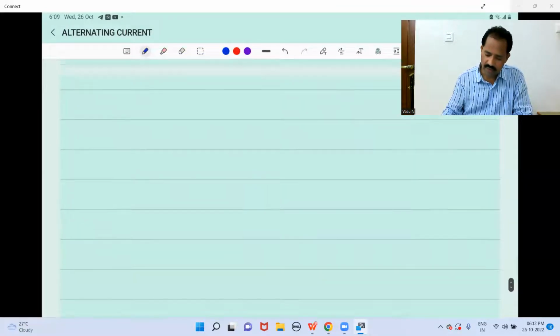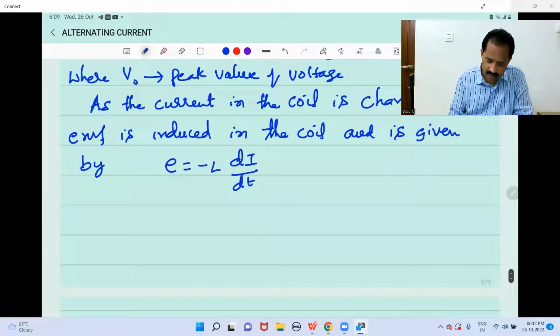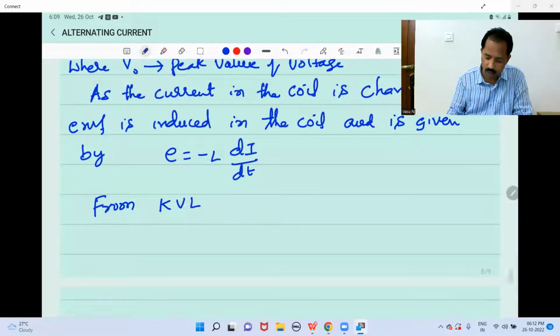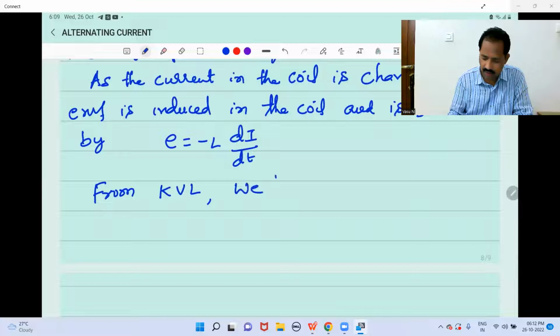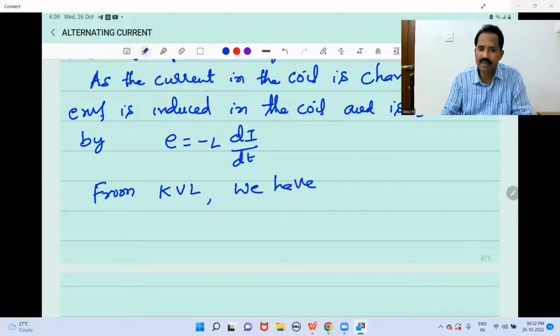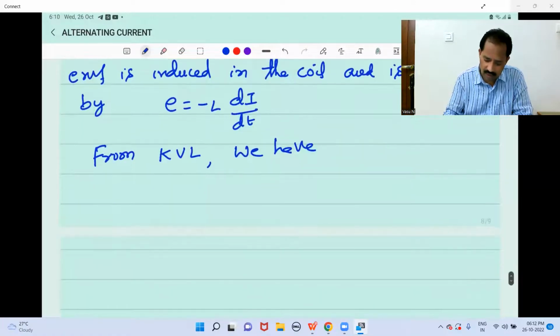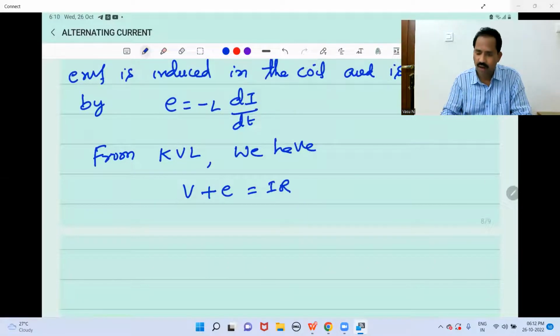Now let us apply KVL. From Kirchhoff's voltage law, or loop rule, the algebraic sum of EMFs is equal to the algebraic sum of IR products. So V, the applied voltage, plus E, the induced EMF, should be equal to I into R. This is according to KVL.